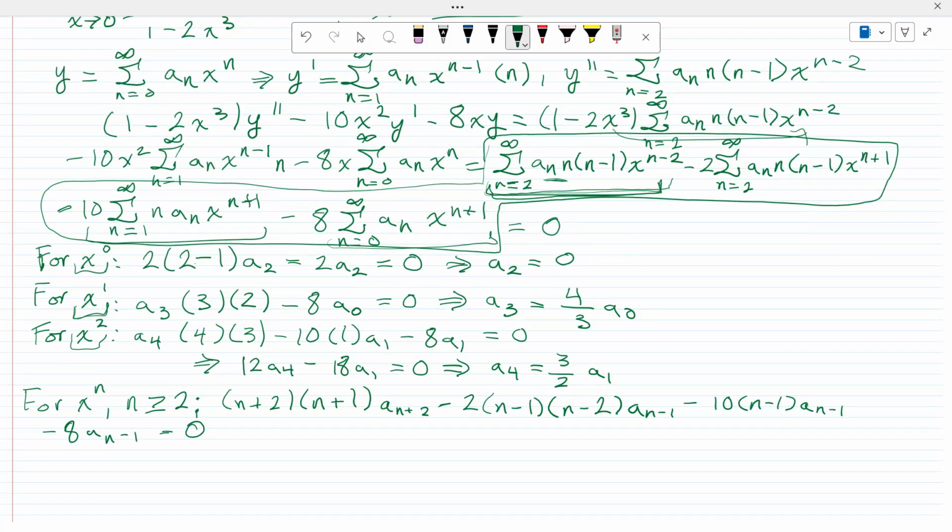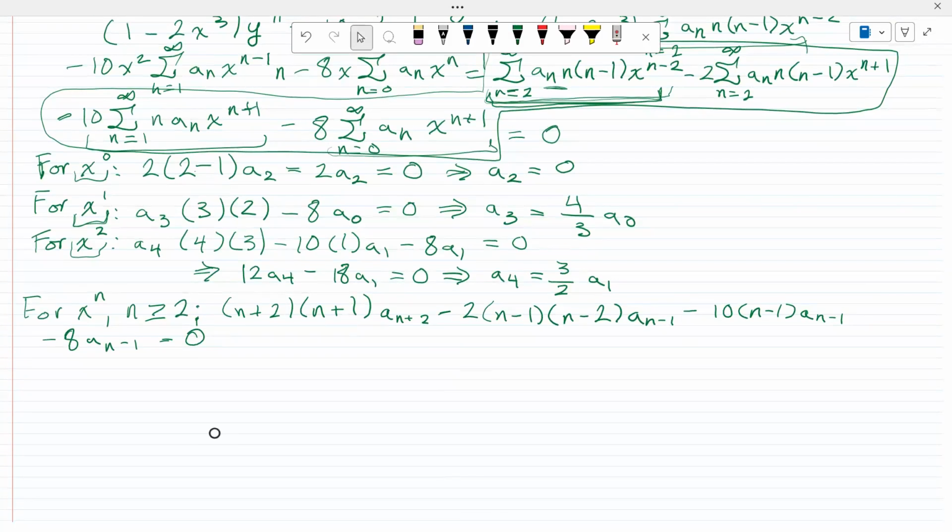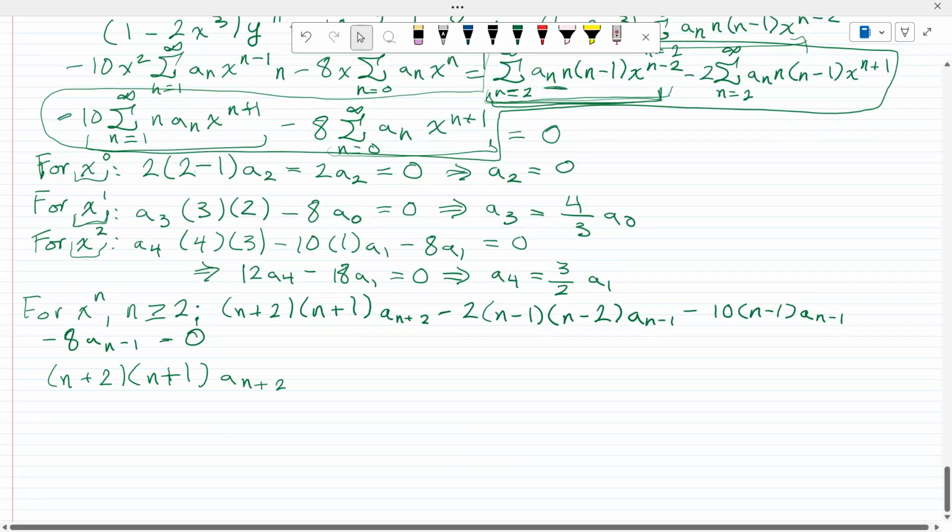Then we can simplify this whole expression to get n plus 2 times n plus 1, a n plus 2, minus a n times 2n squared minus 2n plus 10n plus 8. Okay. Sorry, this should be a n minus 1. Of course. It happened again.